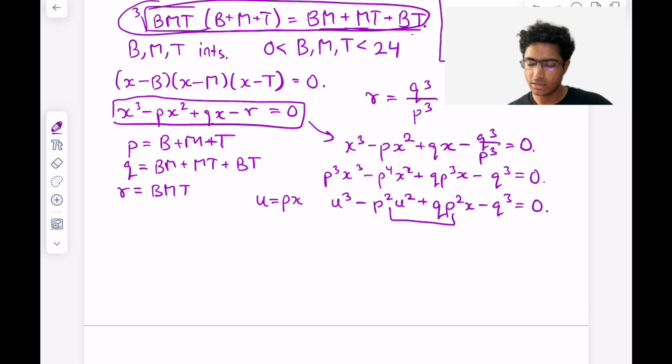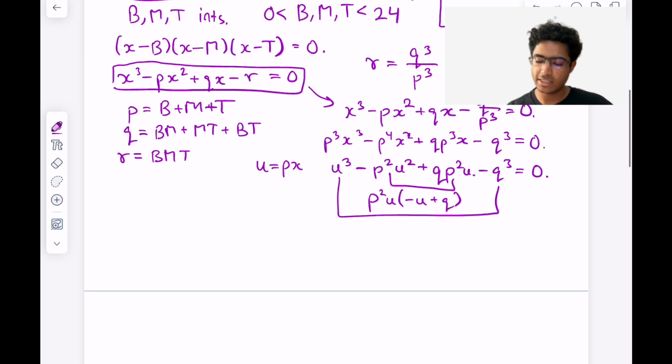Looking at these two terms, we can factor out a p squared and a u to get p squared u times negative u plus q. Then we could look at these other two terms and say that we can also factor a u minus q out from there to get this term.